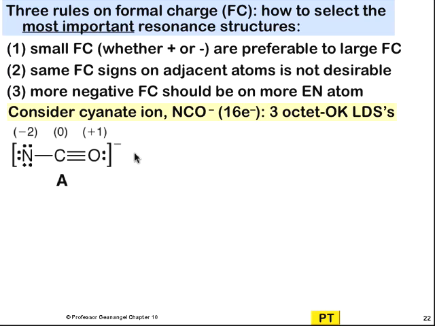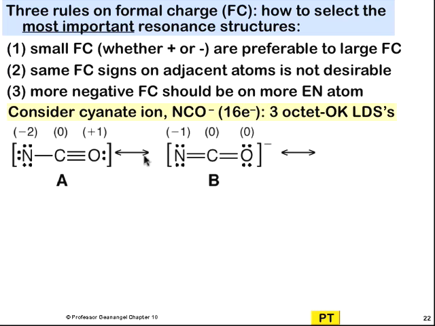But it doesn't look like this resonance form is an extremely important one as regards the resonance hybrid. So let's look at B. B has double bonds: a carbon-oxygen double bond and a carbon-nitrogen double bond. Let's look at the formal charges there.